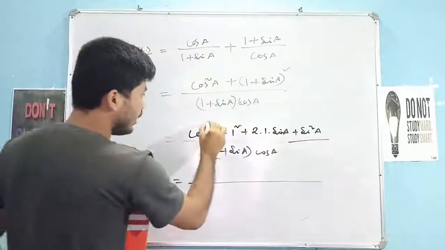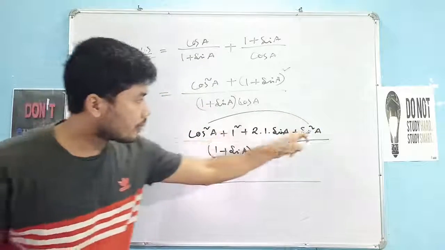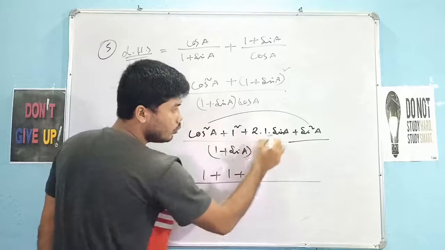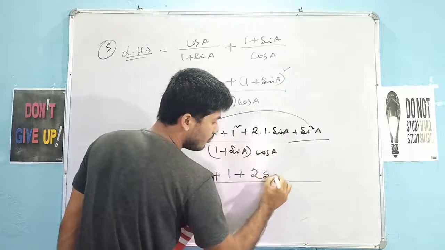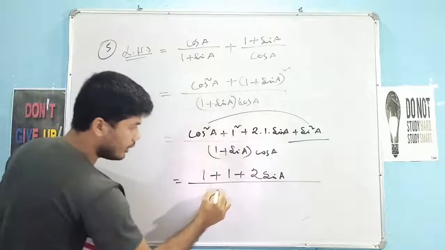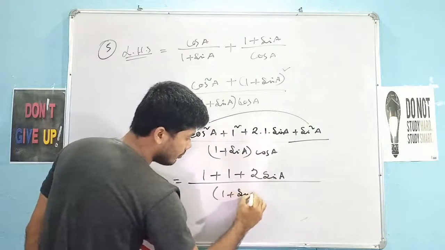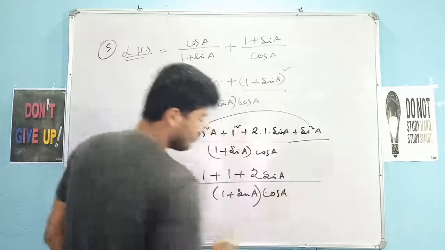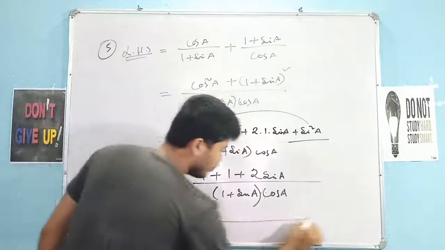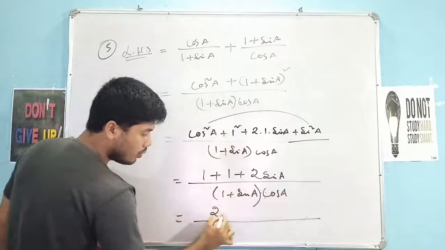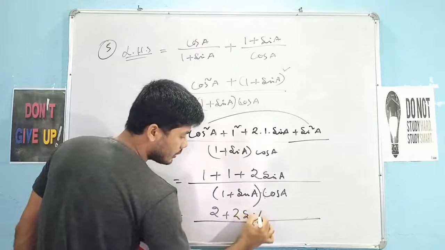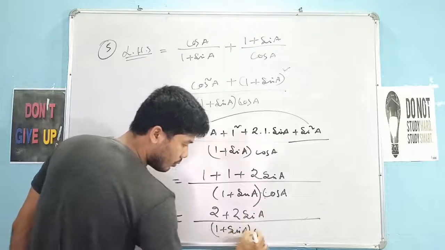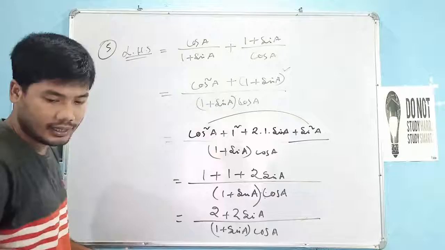Okay, this is cos square A plus sin square A, that is 1, plus 1 square is 1, plus 2 into 1 into sin A, that is 2 sin A. In the denominator we have 1 plus sin A into cos A. Well, what we can do? 1 plus 1, that is 2, plus 2 sin A by 1 plus sin A into cos A, right? Okay.